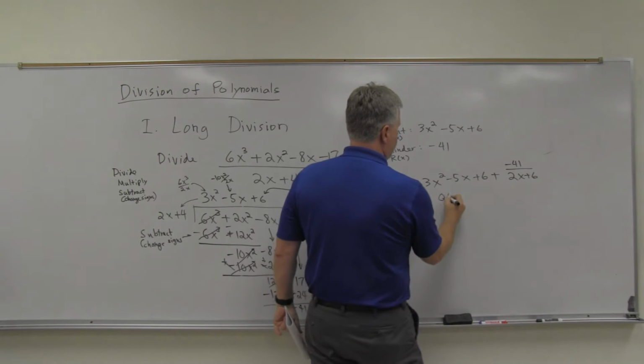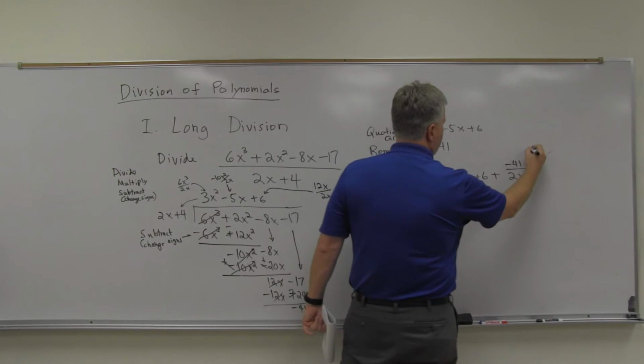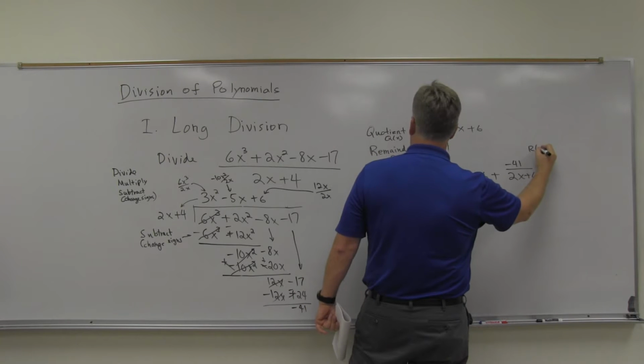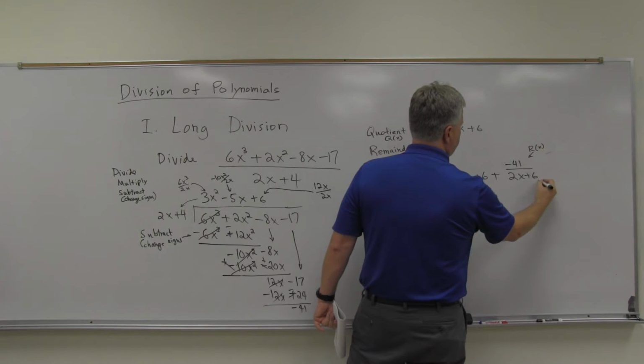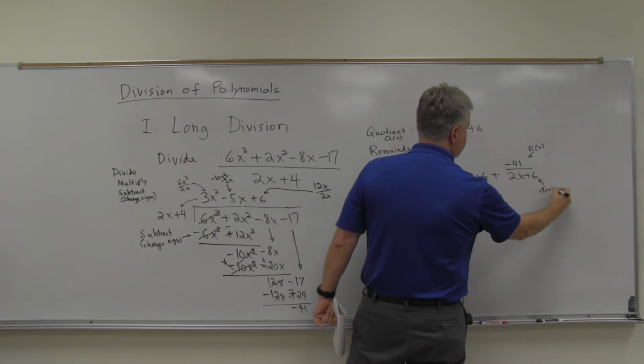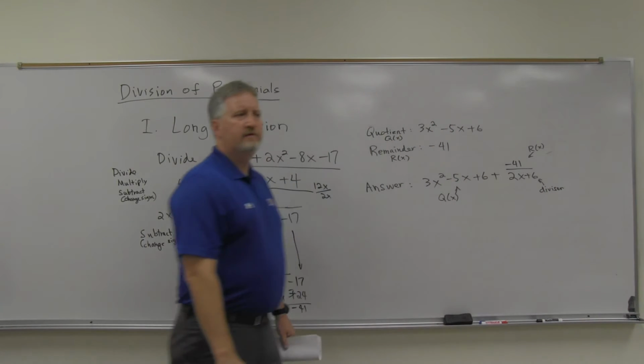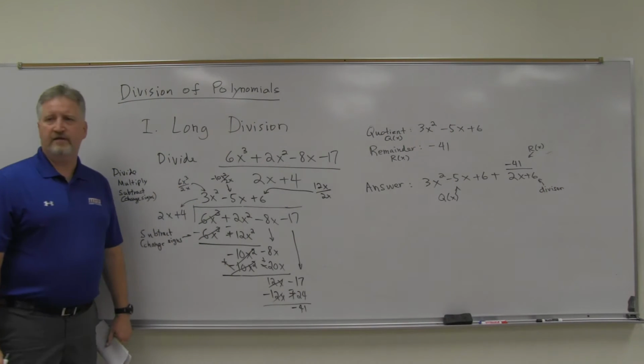So this is our q of x, the quotient, and this is our remainder, r of x, and then that's our original divisor. I believe in a lot of cases, that's how they'll write it.